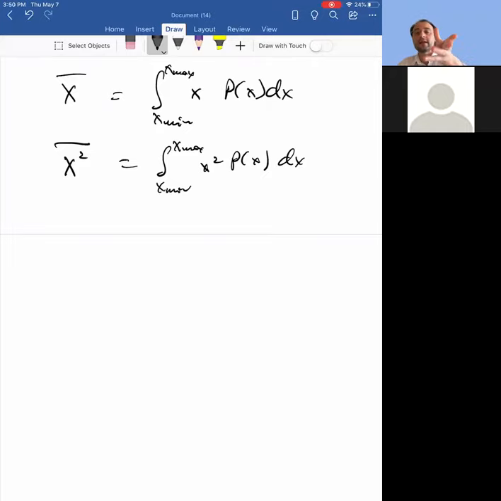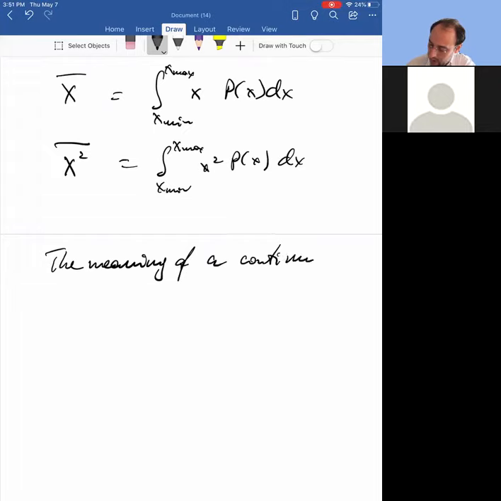What's the probability that a person's aged 18? Now, P of x is not the probability of x.